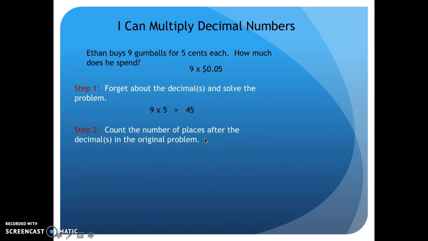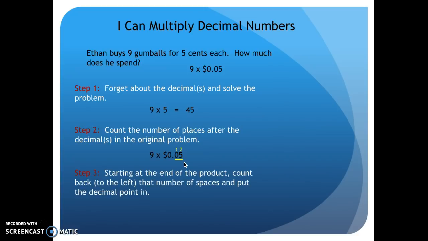Step 2: now I need to go back to the original problem and determine how many decimal places there are. To the right of the decimal, I have 1, 2 places.